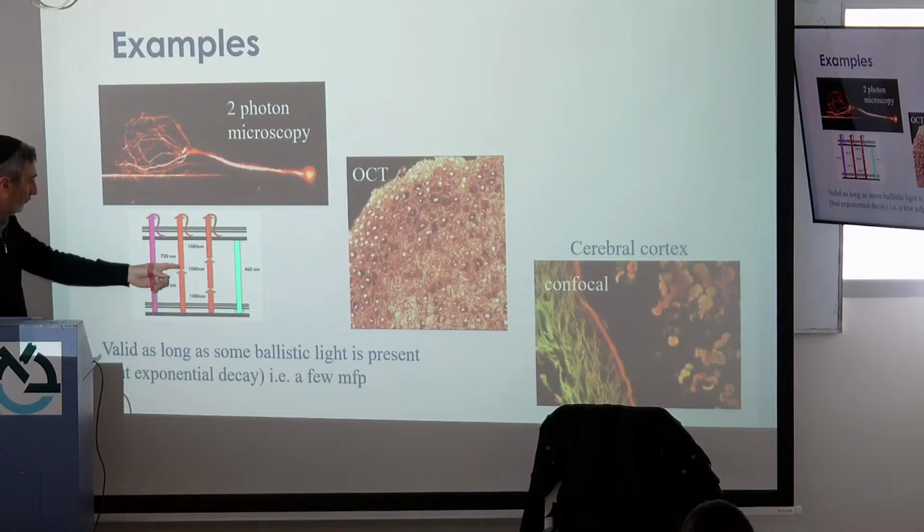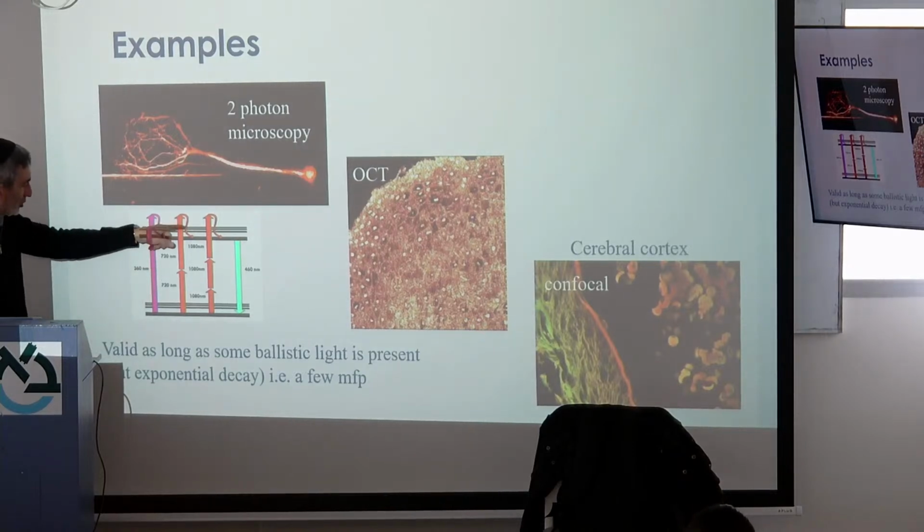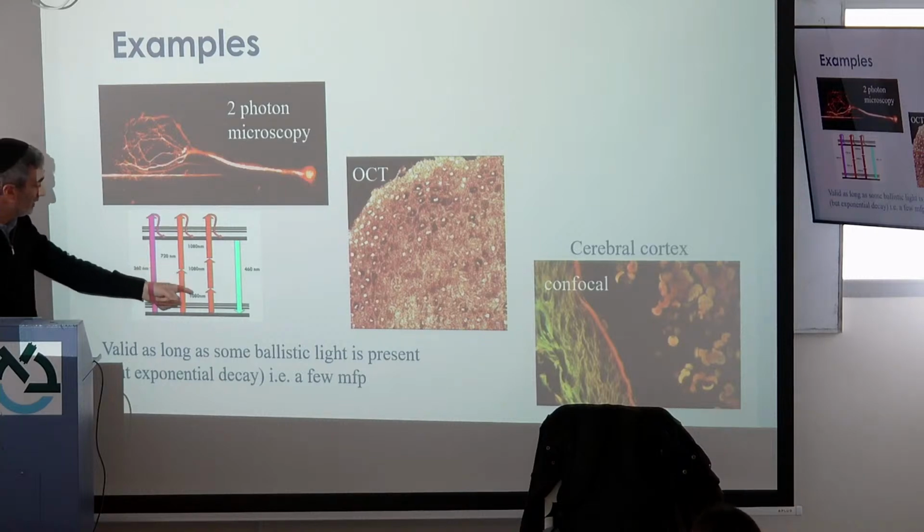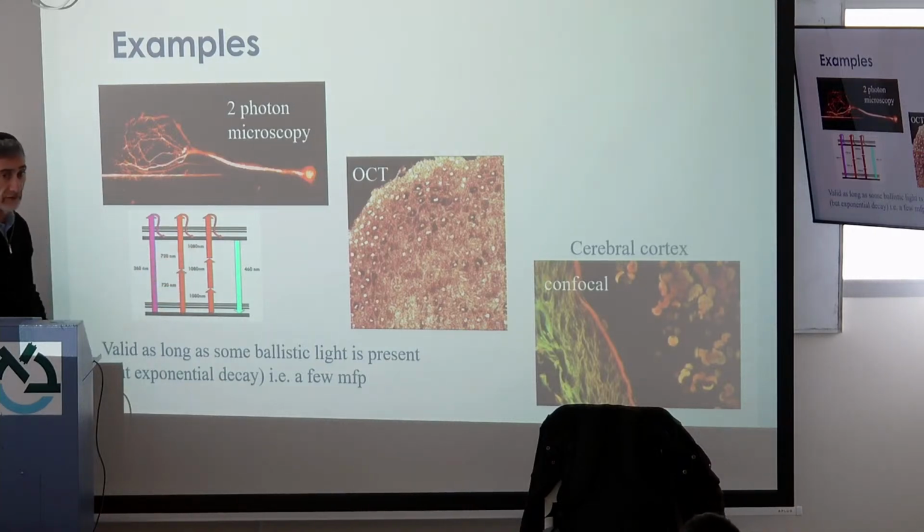But you can do two photons. That means that you pump by nonlinearity. You can sum two photons with the same wavelength to reach the upper state of the fluorophore, or you can also use three photons. And by that you can change the wavelength of the excitation.